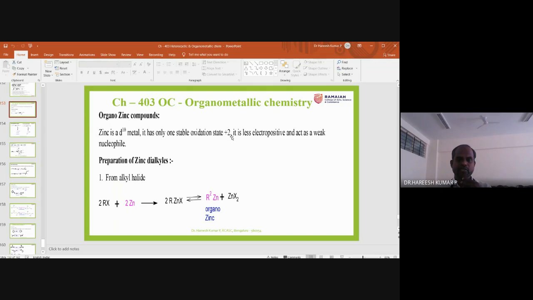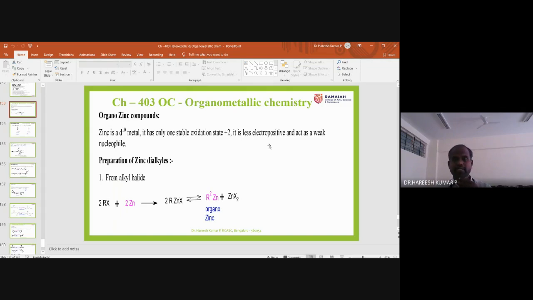So that is +2 oxidation state. It does not have a variable oxidation state like vanadium, manganese, chromium. Vanadium, manganese, chromium will have variable oxidation states. But zinc is having only one oxidation state, that is +2.